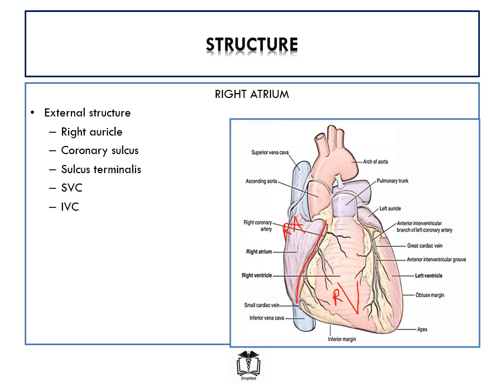Then we have the sulcus terminalis. Sulcus terminalis is a shallow vertical groove that tends to be found externally, separating the smooth part from the rough part of the atrial wall. Now it's not necessarily shown here, but I'll show you the homologous or counterpart to the sulcus terminalis when we look at the internal structures.